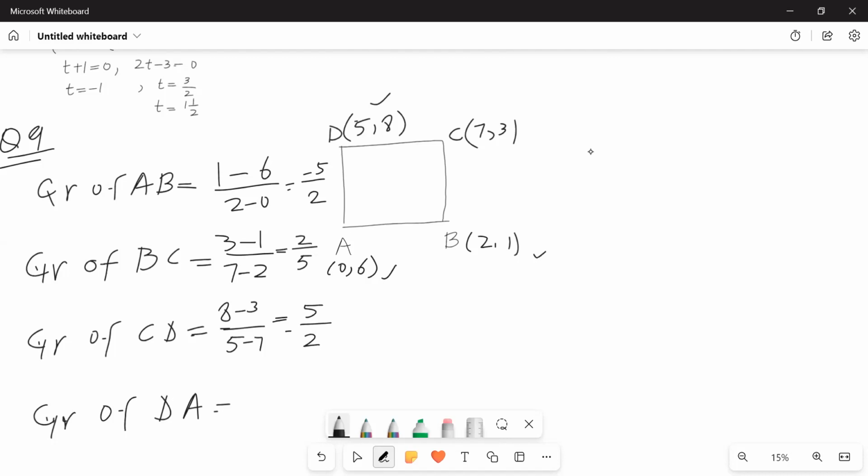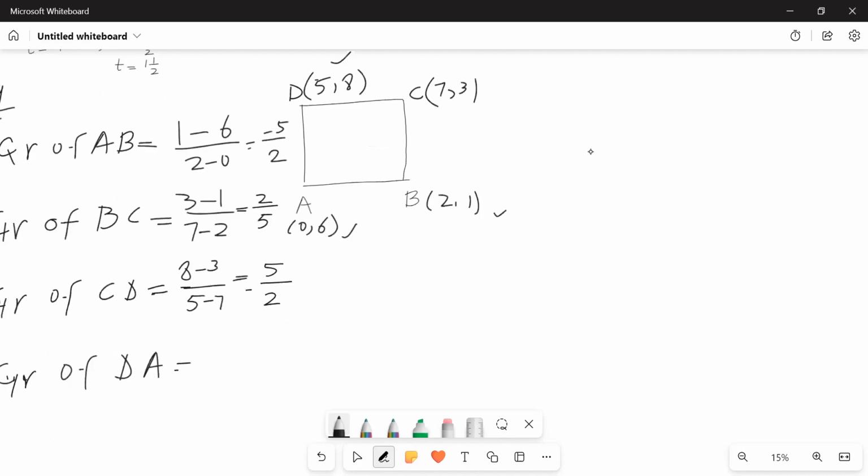Yes, okay, DA. 8 minus 6 over 5 minus 0. You can write 8 minus 6, or 6 minus 8, it's up to you. If you are taking 6 minus 8, then 0 minus 5. In any way, we can take these numbers.